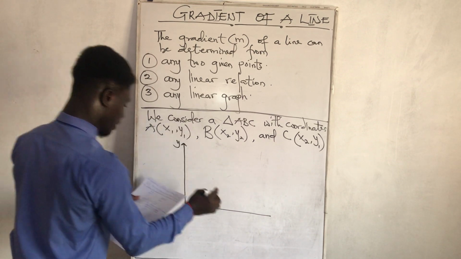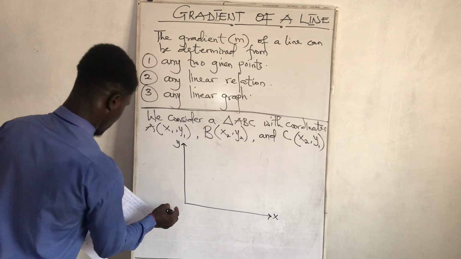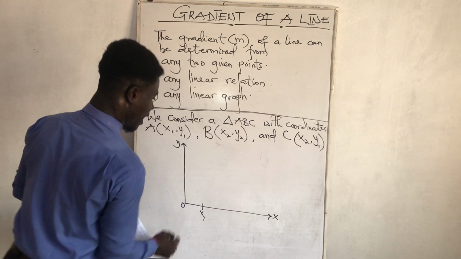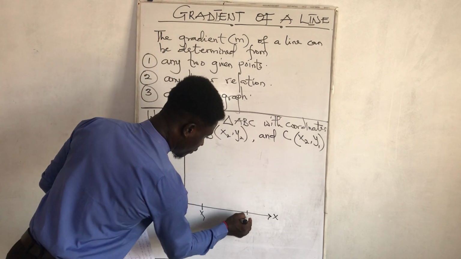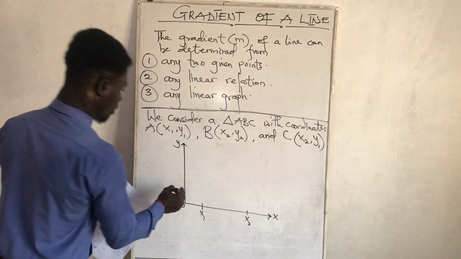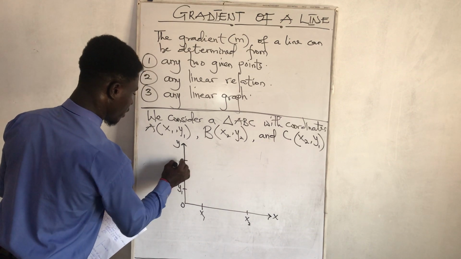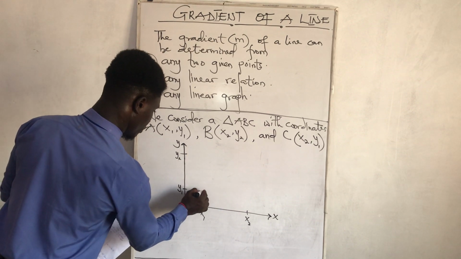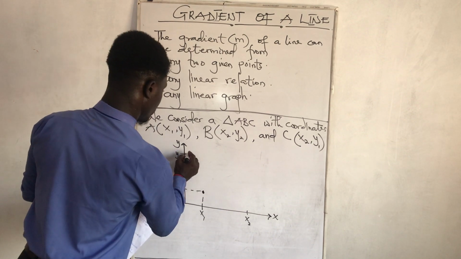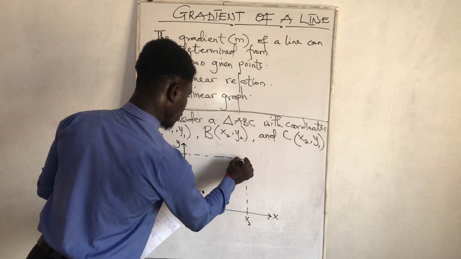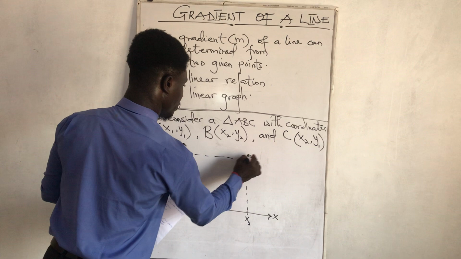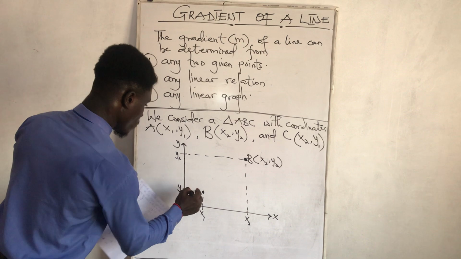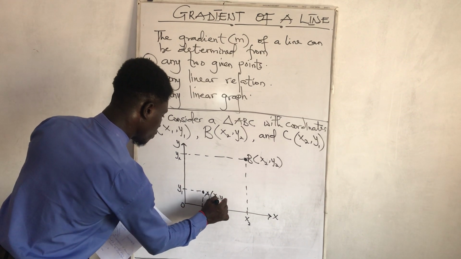So if you have the y-axis here, then the x-axis here, then our origin here. Then we have a value here on the x-axis, which is x1, and another value x2. Then on the y-axis we have y1 here, then y2 here. So now you have a point B, which is (x2, y2), then point A, which is (x1, y1).